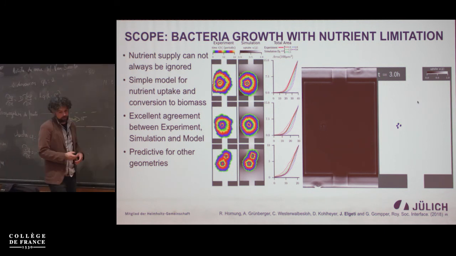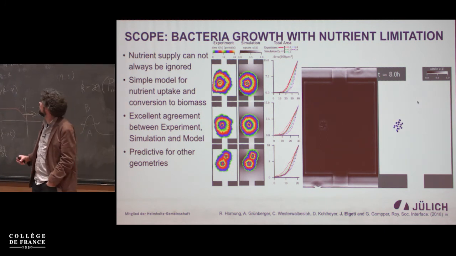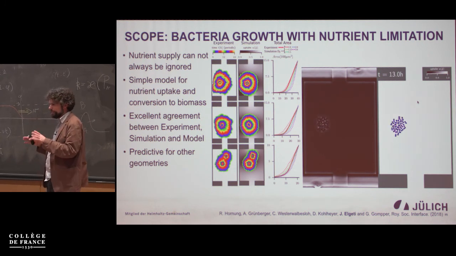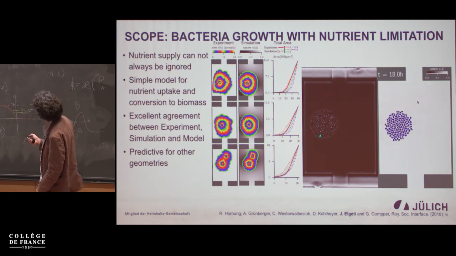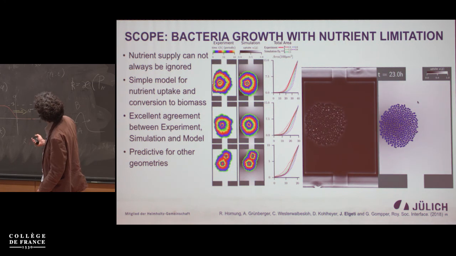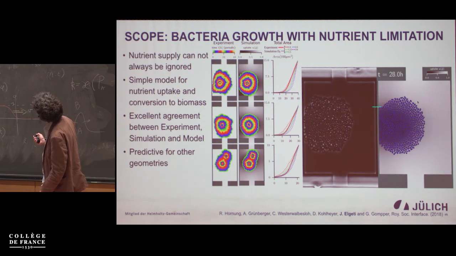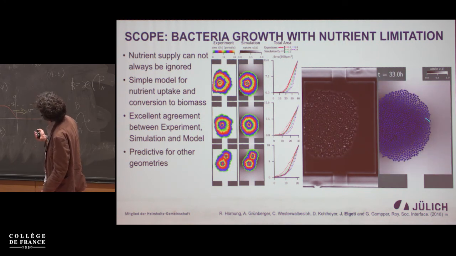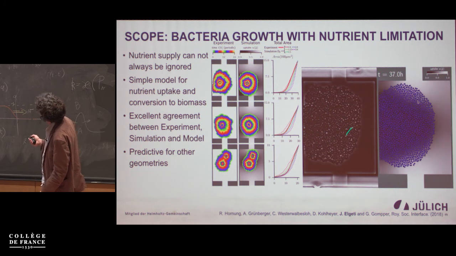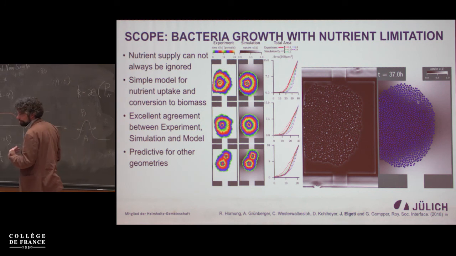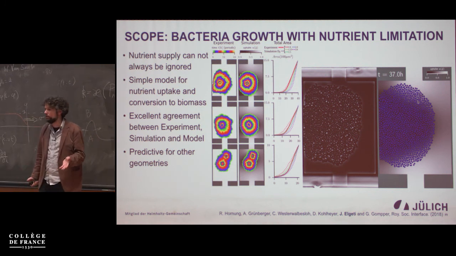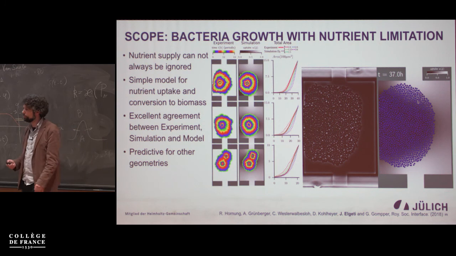And here, bacteria are much easier to match because they're less complex in their behavior. So this is experiments, this is simulations, and you see that you can quite nicely match the growth of in-silico bacteria with real bacteria over time in a quantitative fashion by taking care of nutrients. And the coupling is relatively straightforward.